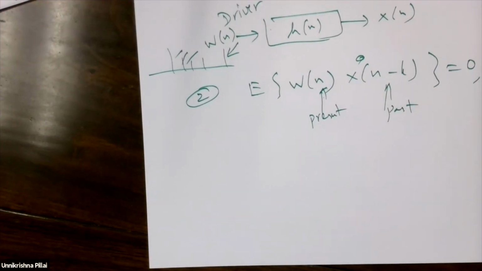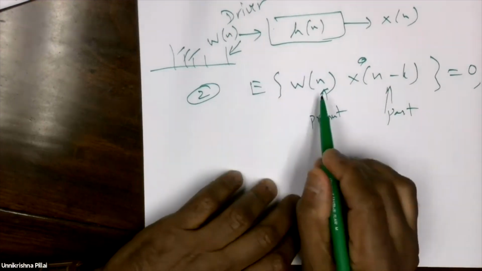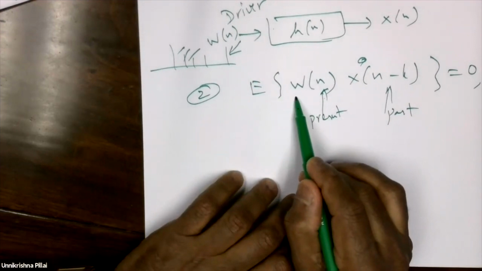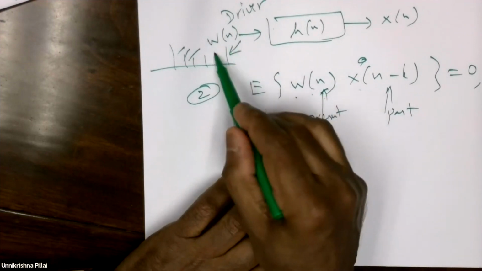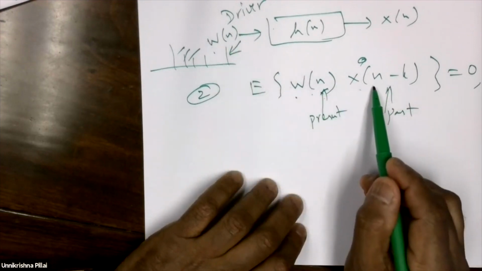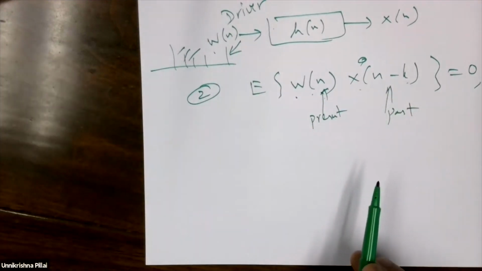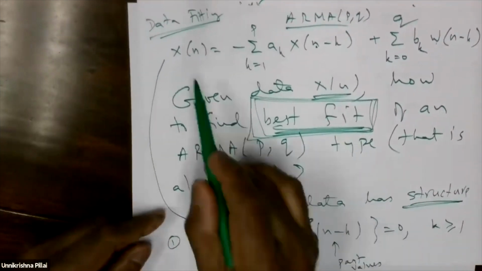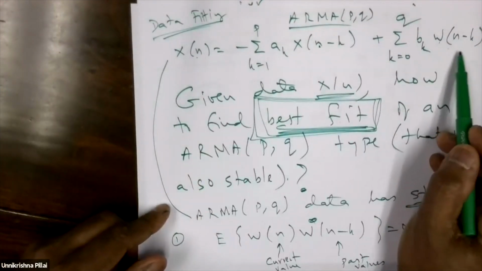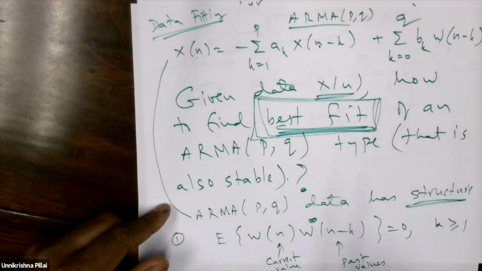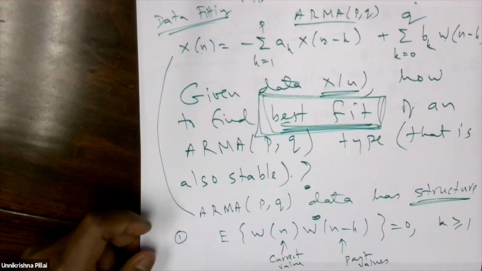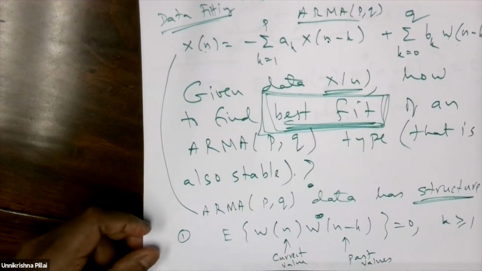Input is uncorrelated with past outputs. Not output, past inputs, right? I'm sorry, the current input is not going to influence the past values of x of n, because look here, x of n only depends on the past values of w. So some noise that is going to happen tomorrow is not going to influence today's output. That's what it says.